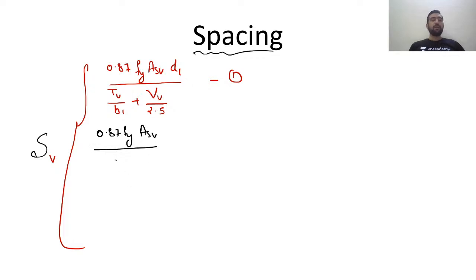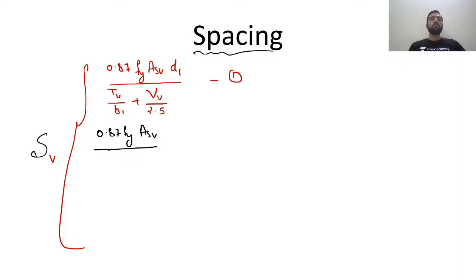It can be 2-legged 8 mm, or it can be 4-legged 8 mm, it can be 2-legged 10 mm, like that. So in reality, designers do have experience, so they know how much spacing and diameter must be there. Even if you are doing it for the first time, you can judge the Asv type of stirrups depending upon the spacing.